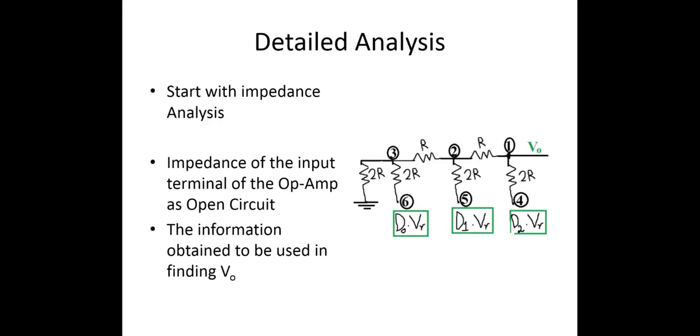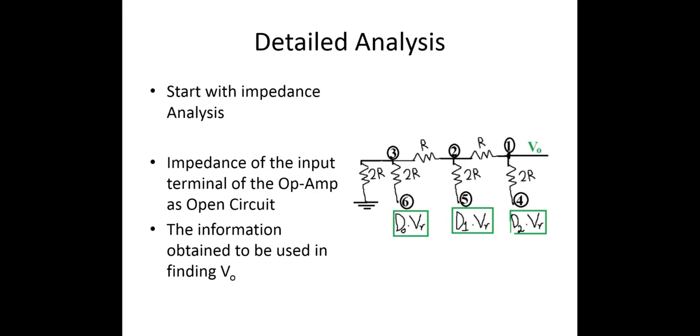So how do we prove the equation that we just showed for the output of a digital to analog converter? Now, as the circuit is apparently a bit complicated, we need to do some simplifications. First we will analyze the impedance seen from various nodes of this circuit, and this analysis shows us a very interesting property of this circuit.